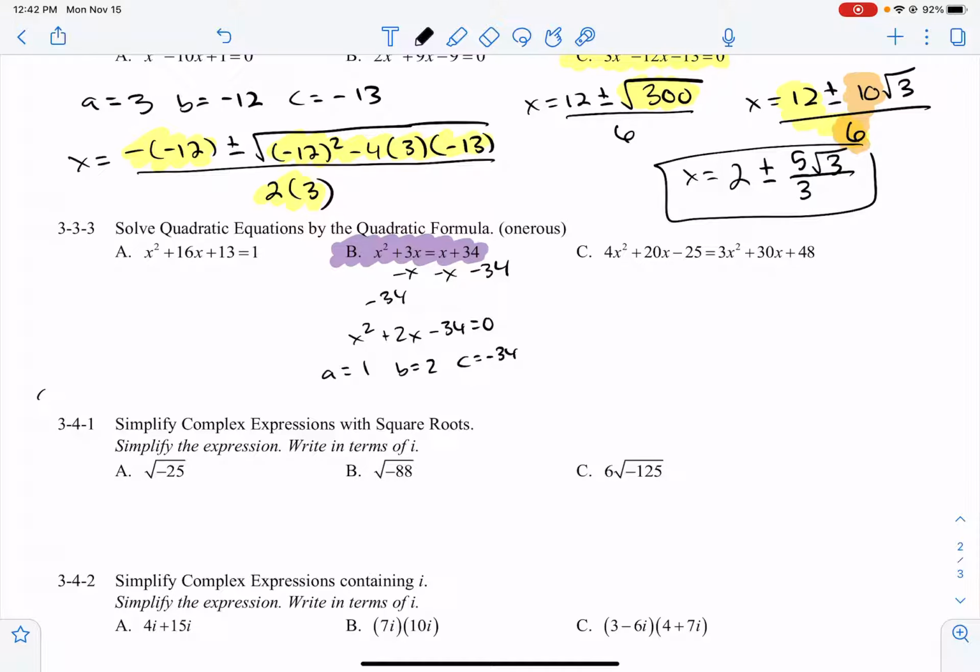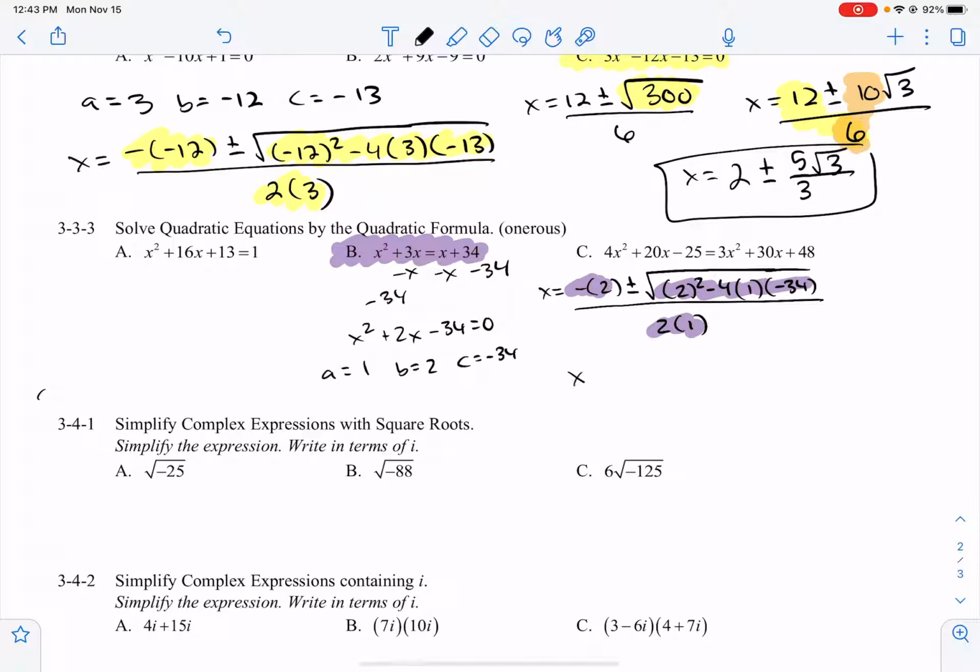So when I plug those into my quadratic formula, I get x equals negative 2 plus or minus the square root of 2 squared minus 4 times a, which is 1, times c, which is negative 34, all divided by 2 times a. Then I want to simplify this piece, and the bottom.